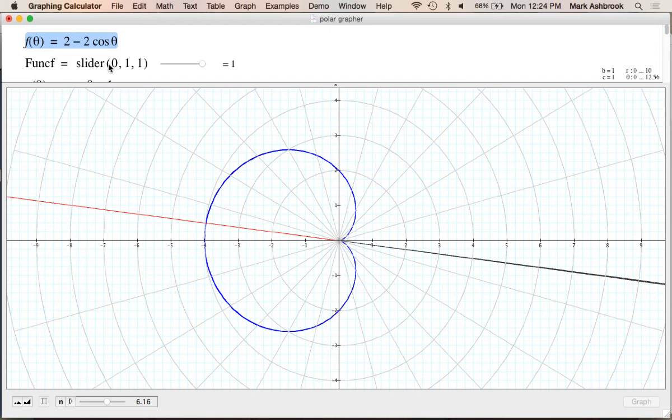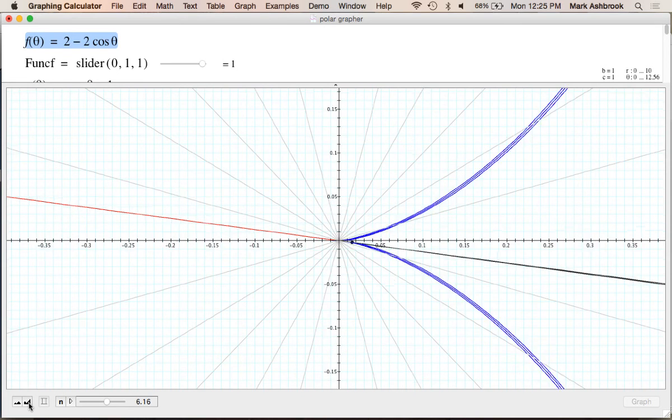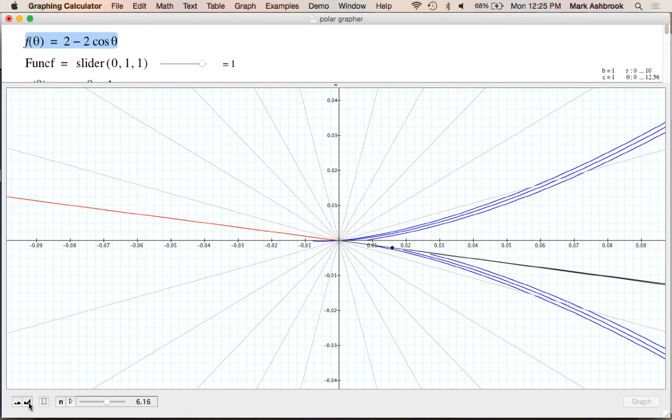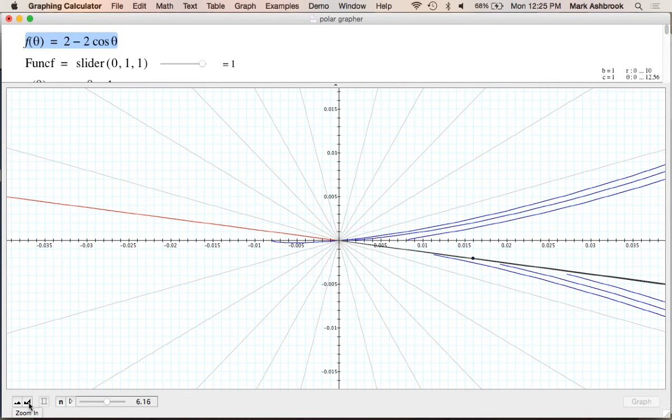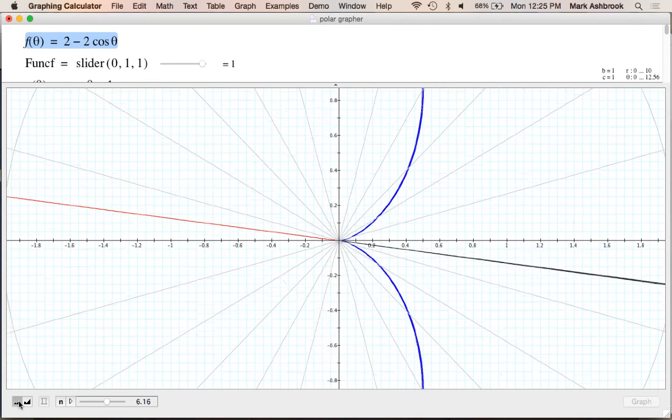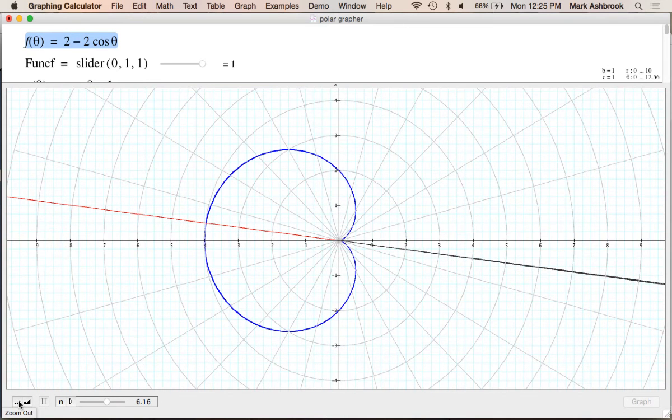I graphed several graphs so that it looks bolder. So that was me, not GC. It's doing exactly what we told it to do, because I wanted the curves to be bolder, so I made several graphs next to each other. Anyway, yes, it does get horizontal at 0 and 2 pi.